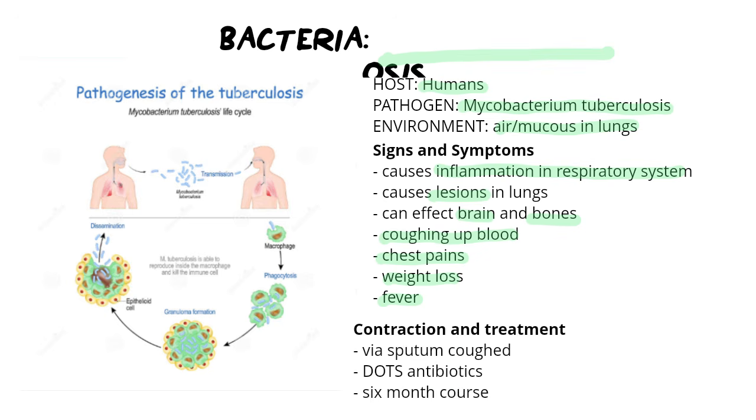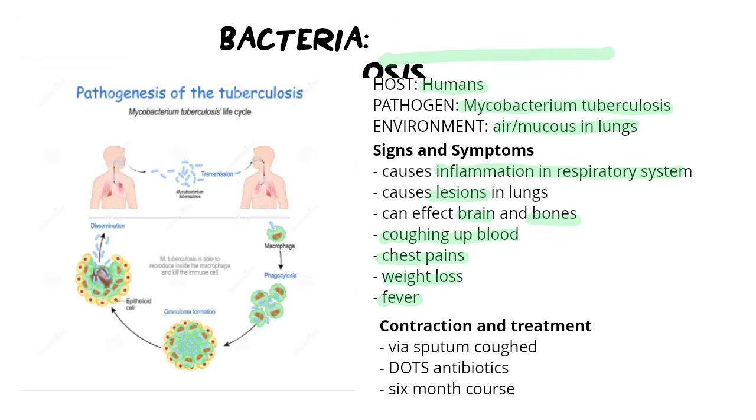Now, when it comes to how you contract and treat this disease, well, that is generally linked to sputum. Now, sputum is basically mucus that you've coughed up from your lungs, because remember, that's what's going to happen when you have TB. You need to cough all the time, and you cough on your hand, or you cough in front of you, but you don't block or wear a mask or cover it with your hand.